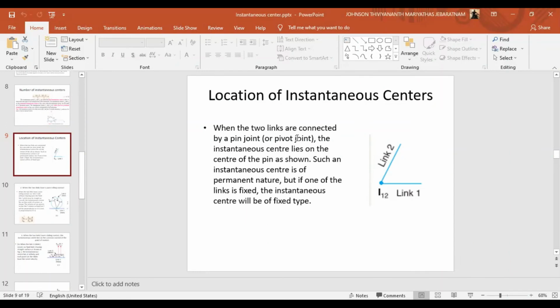When two links are connected by a pin joint or pivot joint, the instantaneous center lies at the center of the pin, as shown, right? So here we have two links. This is link 1 and this is link 2. This link and this link are connected by a pin joint.